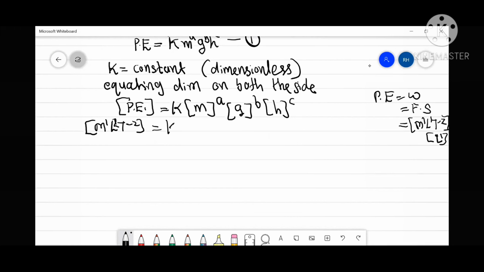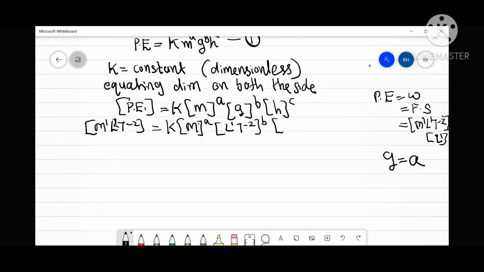Then k as it is, dimension of m, m means the mass, M raised to 1 raised to a. Dimension of g, g is similar to acceleration, so L raised to 1, T raised to -2, raised to b.